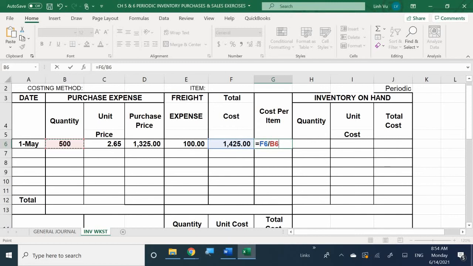I think I did that wrong. The cost per item is the total cost divided by the quantity, right? Because you divide. 14.25 divided by 500 is $2.85, sorry. Good. I'm just going to double check to see if this batch is evened out. Good. All right.